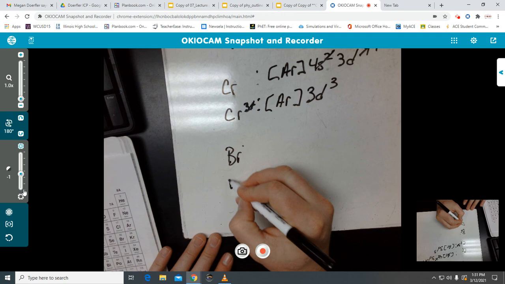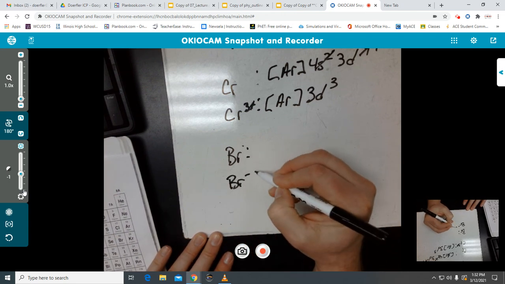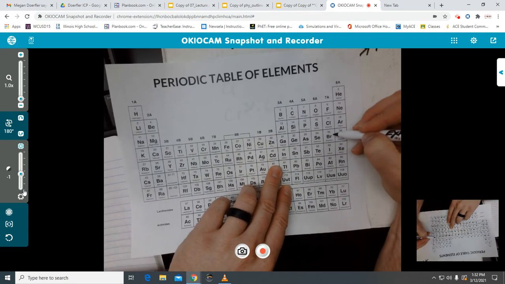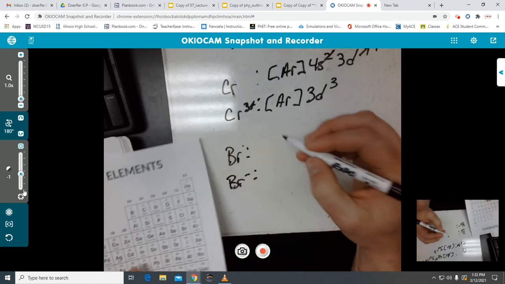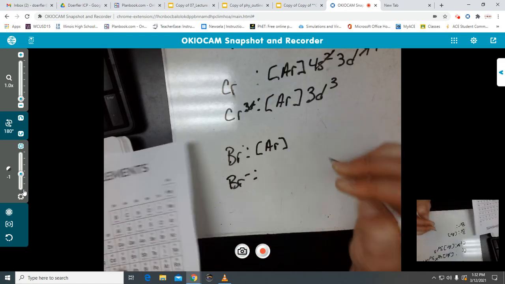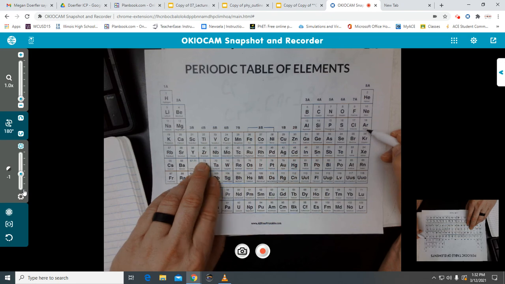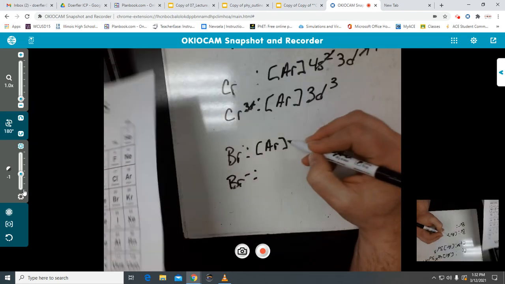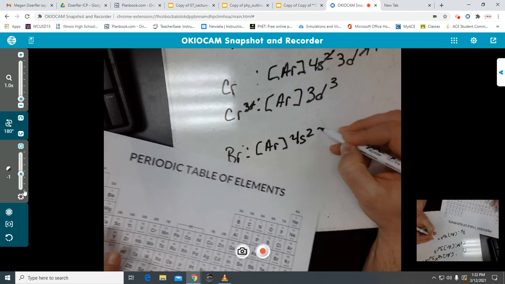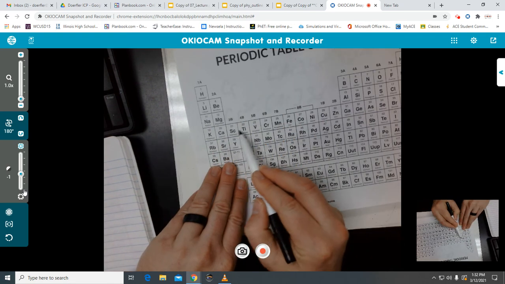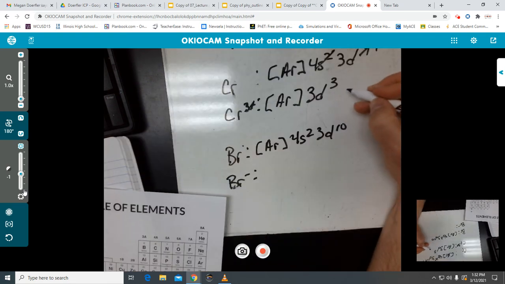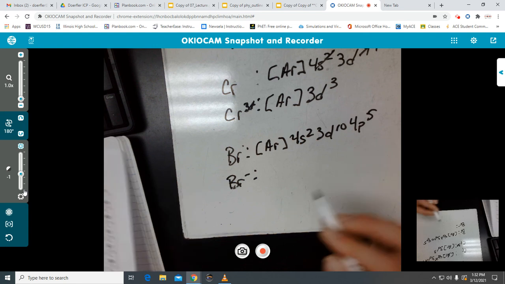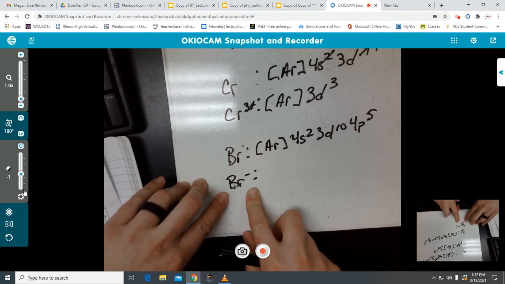And lastly, bromine. Bromine is right here. It's going to be argon, again, for its normal neutral electron configuration: 4s2, 3d10, across here, and then 4p5. Its ionic form is Br-.